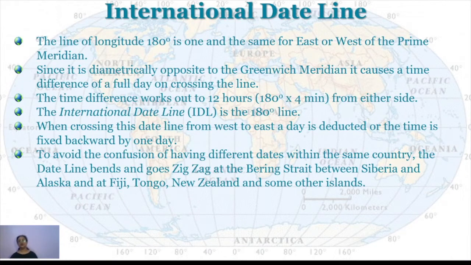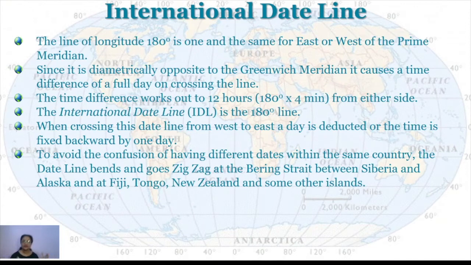Now here one more important term you need to know, that is the international date line. Lines of longitude, basically, in total we are getting 360. If we divide the entire earth into two equal halves, eastern and western hemispheres, how many longitudes are we getting in one? 180 degrees and 180 degrees.